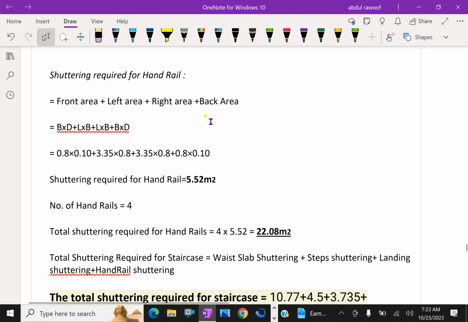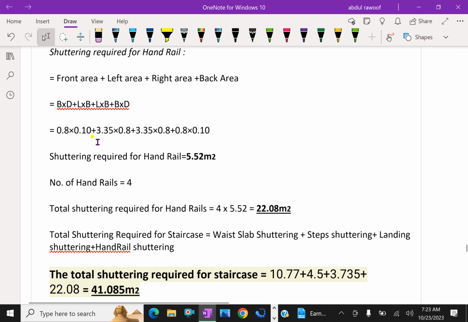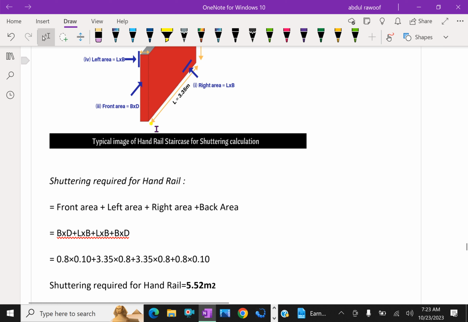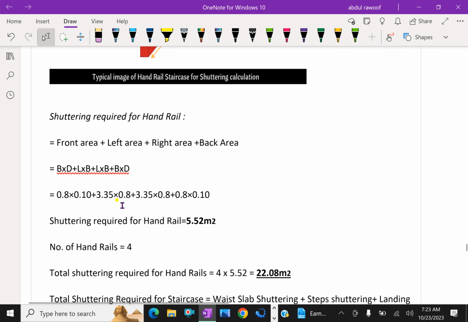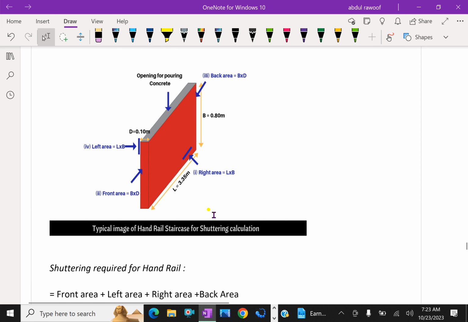So that is the first area, and 3.35 into 0.8. 3.35 into height 0.8. So that is the second area. Then 3.35 into 0.8 for left and right. Then next is 0.8 into 0.1.